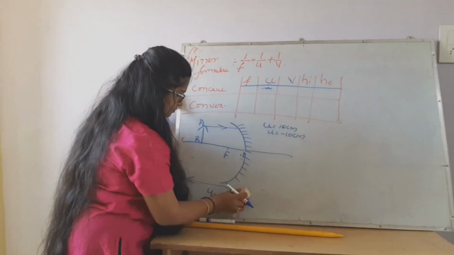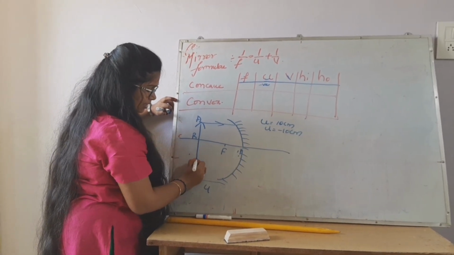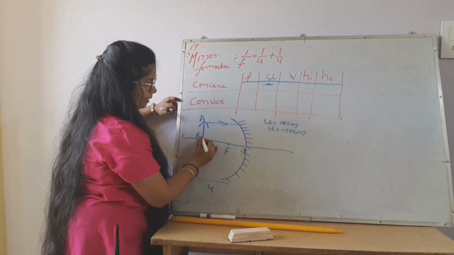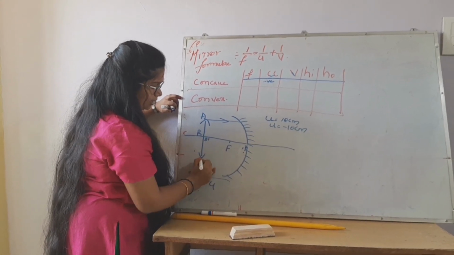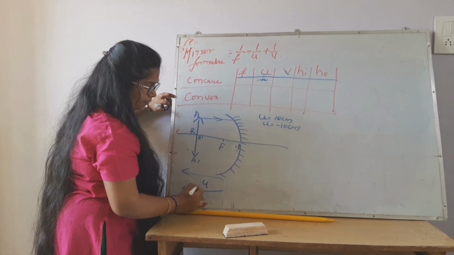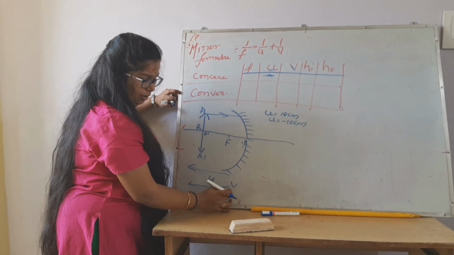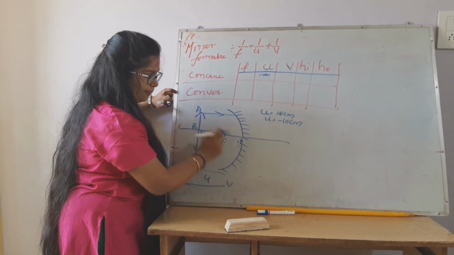And next, if I keep the image here, suppose the image is formed here, B dash, A dash. This distance is called as what? V. V is nothing but image distance.